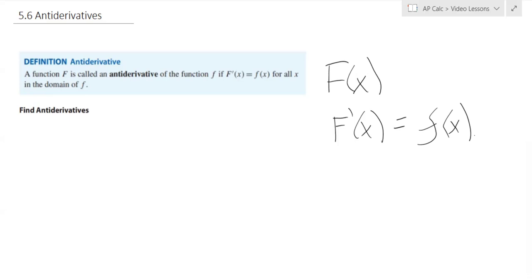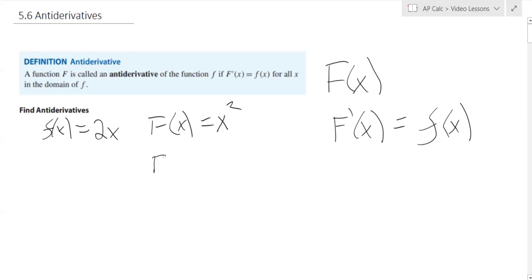So a function capital F is called an antiderivative of the function f if capital F prime equals f for all x in the domain of f. An example of an antiderivative: let's take the function f of x equals 2x. Capital F would be x squared, since the derivative of x squared is 2x.